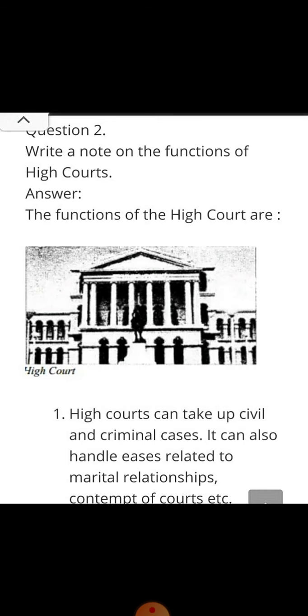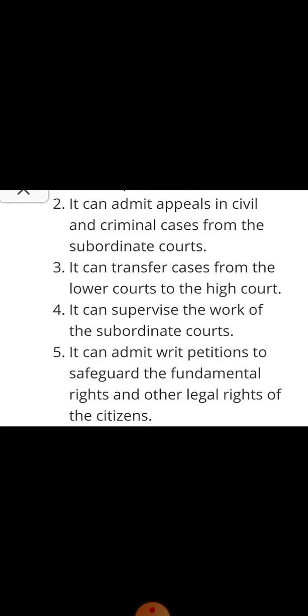Okay, we will move forward, children. It can admit appeals in civil and criminal cases from the subordinate courts. So here persons can appeal the cases from civil, criminal and subordinate courts. Okay. It can transfer cases from the lower courts to the high courts. It can supervise the work of the subordinate courts.